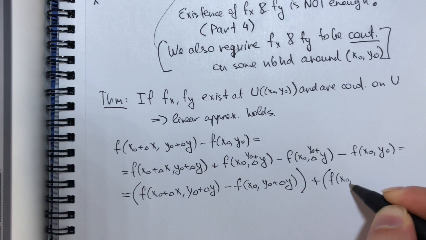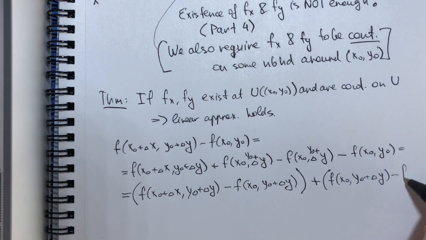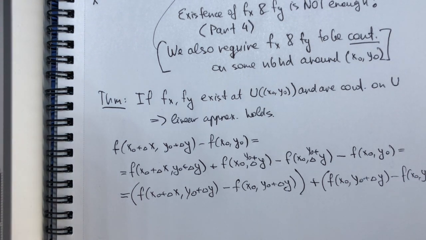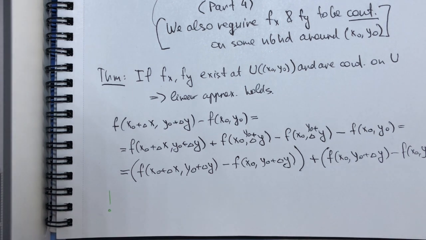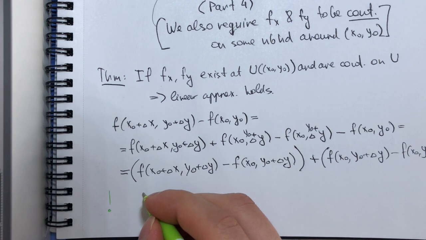I want to do f of x naught, y naught plus delta y, minus f of x naught, y naught, right? But now, observe how in this bracket, the y component is unchanged. It's y naught plus delta y, so assuming delta y is fixed for now, it's unchanged, and it's only x naught that receives an increment, right?